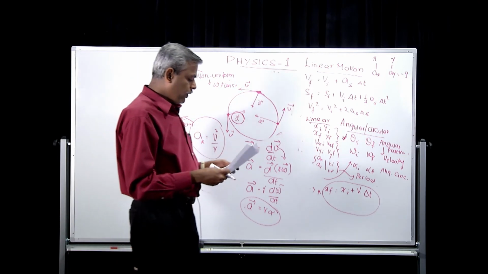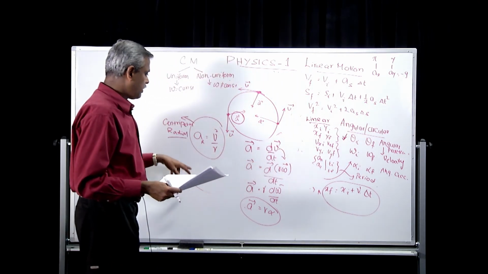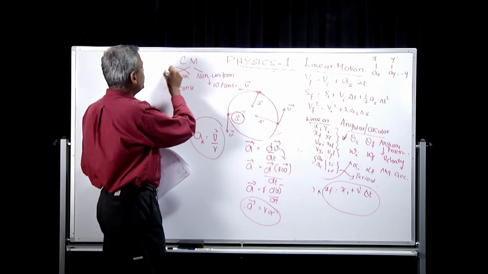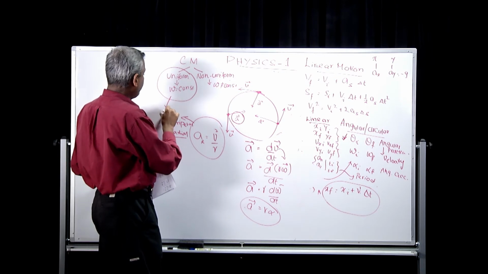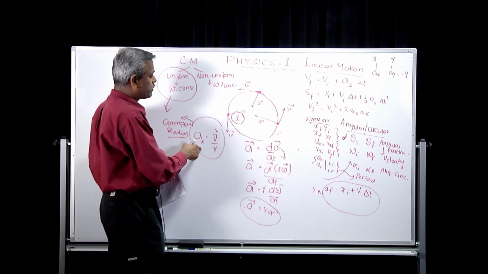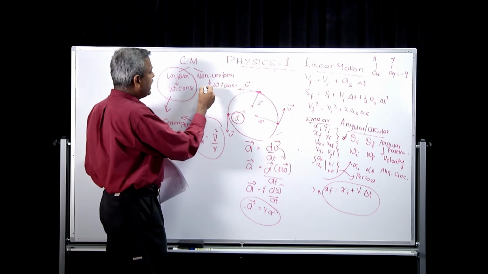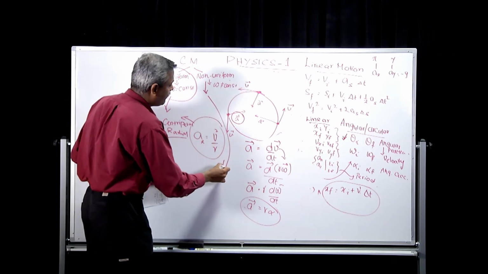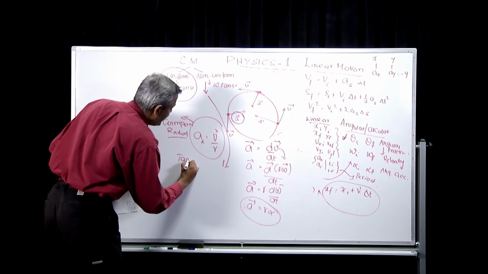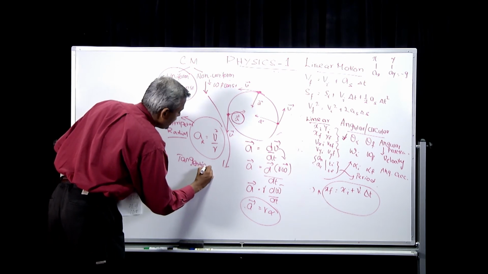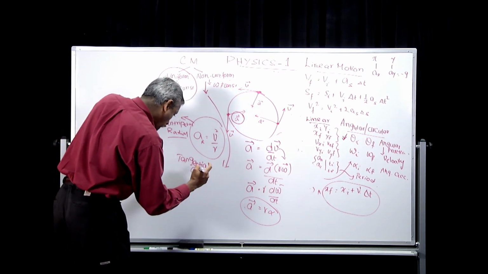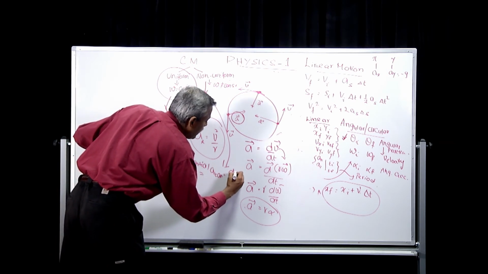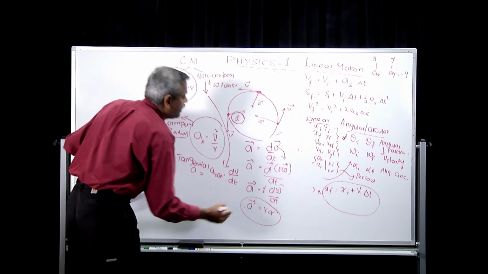I am not going to derive many of these things, but for uniform motion, the acceleration is toward the center, then you use this formula. If it is non-uniform motion, you also have tangential acceleration, called a tangent, which is dv/dt.